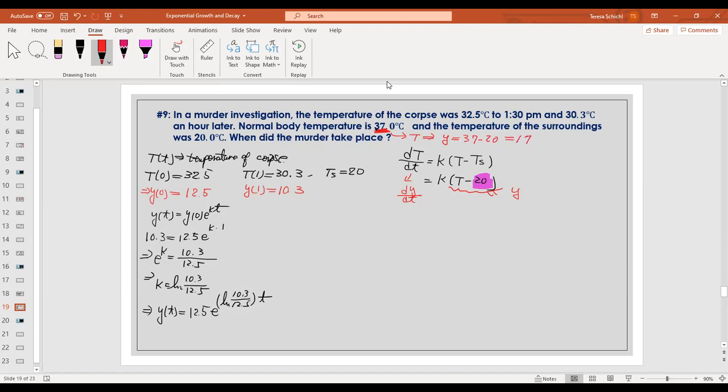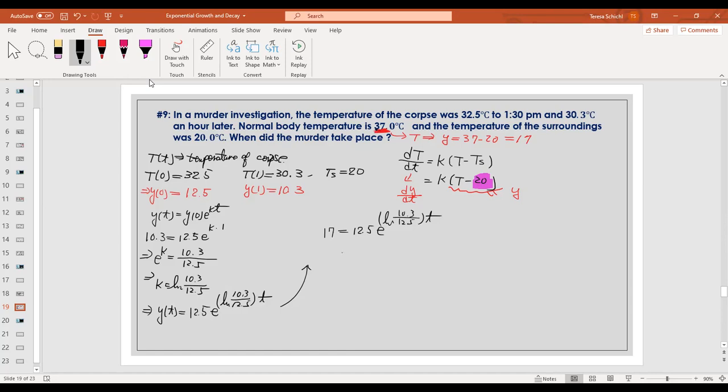Okay, so now you plug into this formula, so you will say this is 17 is equal to 12.5 e^(ln(10.3/12.5) t).